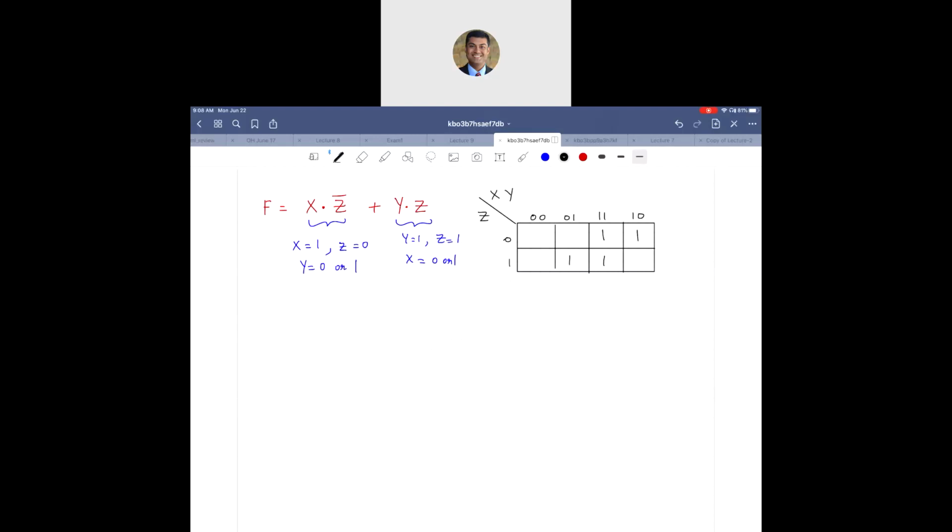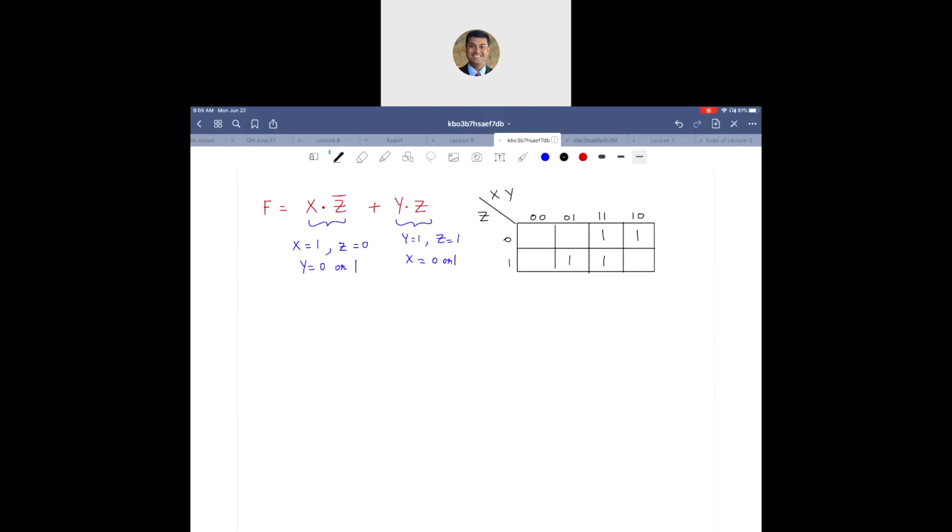Are you okay with how I transitioned the logic expression into a K-map? This would be a good time to ask any questions. How did I take the expression and go into the K-map? All right, looks like you are comfortable with this.